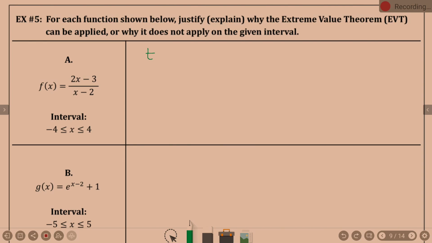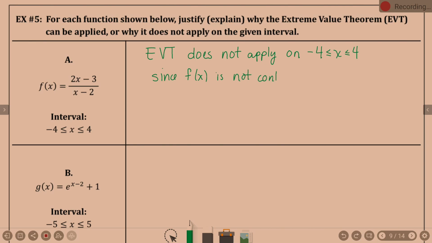So I'm going to write: EVT does not apply on -4 less than or equal to x less than or equal to 4, since f of x is not continuous at x equals 2.